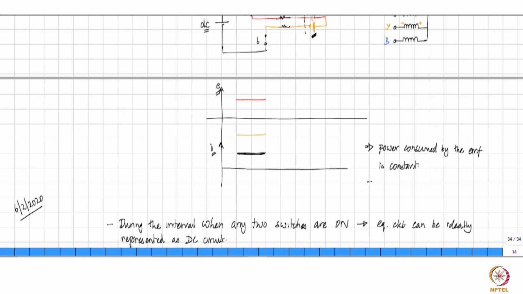And this is the one that is converted to mechanical power. And therefore, mechanical power developed in the machine is also not going to vary within this interval, right?